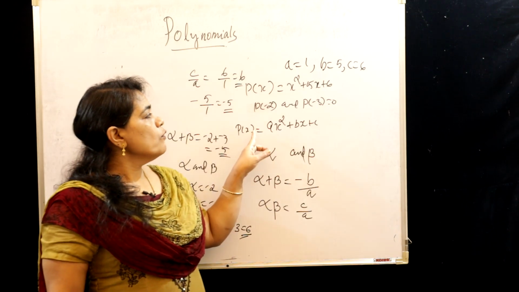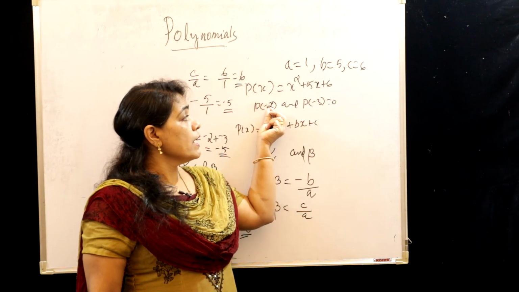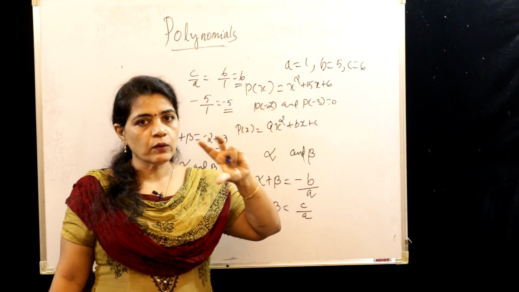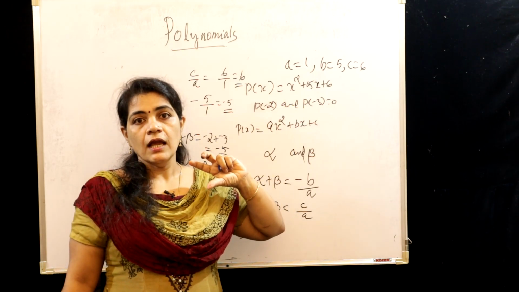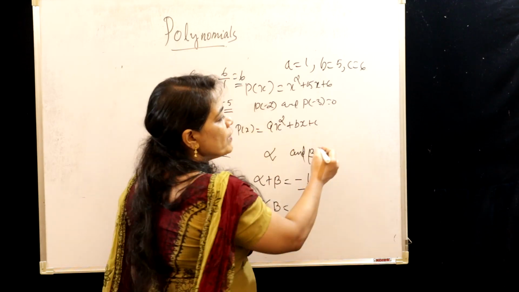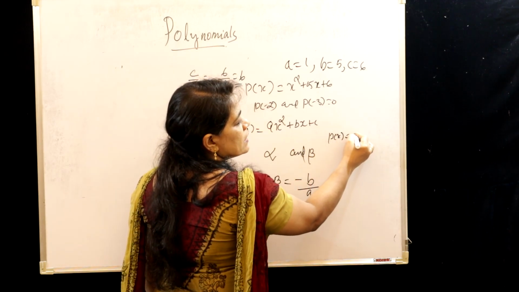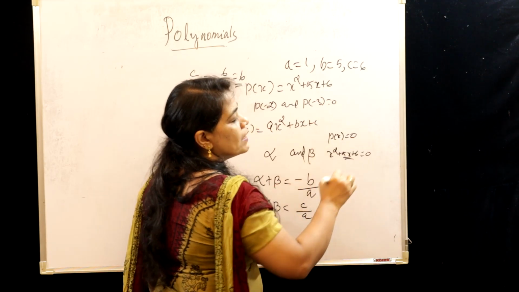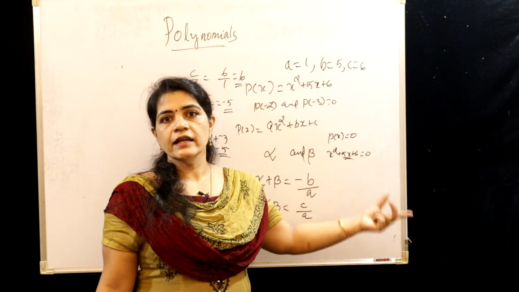See children, how can we find out this minus 2 and minus 3? For that, as I already told, equate this given polynomial to 0. That means p of x equal to 0, that is x square plus 5x plus 6 equal to 0. By the splitting the middle term method, you can easily get it.